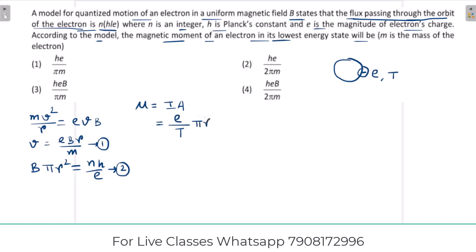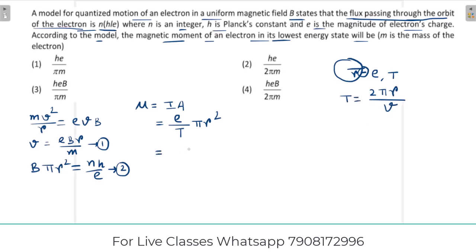If r is the radius of the circular path, then mu is e by T into pi r square. Now T is the time period. If r is the radius, then for one complete rotation it travels a total distance 2 pi r, and its velocity is v. Time period is distance divided by velocity, 2 pi r by v.